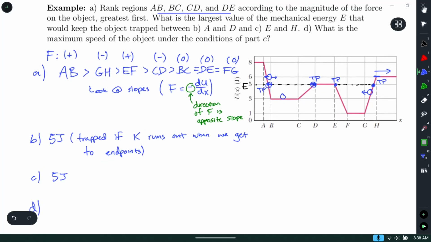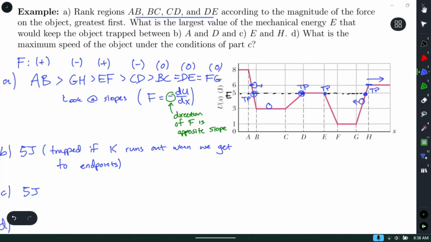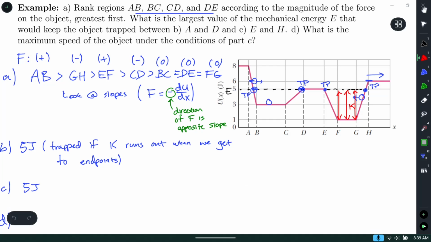I'm going to be going fastest where there's the least potential energy, which is the bottom of this hill, because that leaves the most for kinetic energy there. How much kinetic energy is left over? At the equilibrium point, anywhere in this range, it's the same kinetic energy everywhere in between. So how much kinetic energy do I have to work with?